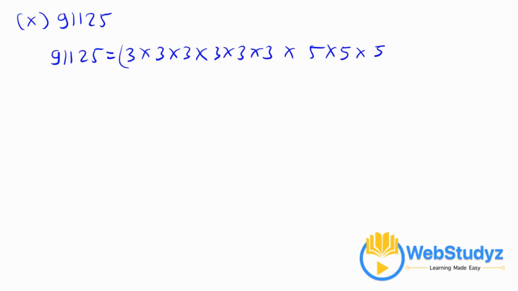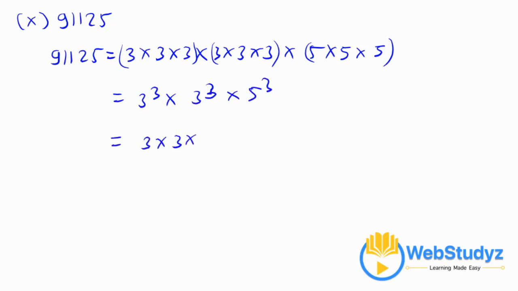So we can make two triplets of 3 and one triplet of 5, which will be equal to 3 to the power 3 multiplied by 3 to the power 3 multiplied by 5 to the power 3, which will further equal (3 into 5) whole power 3, which will be equal to 45 whole power 3.